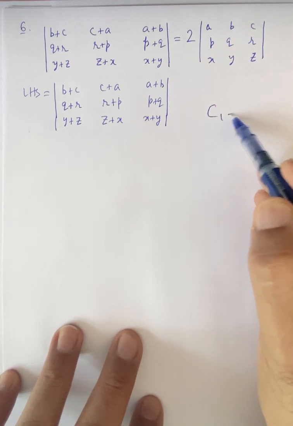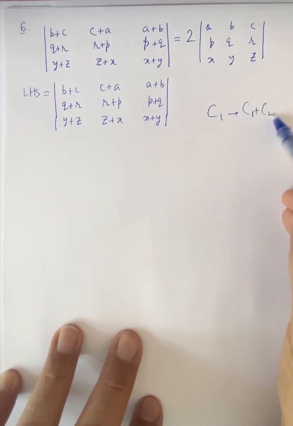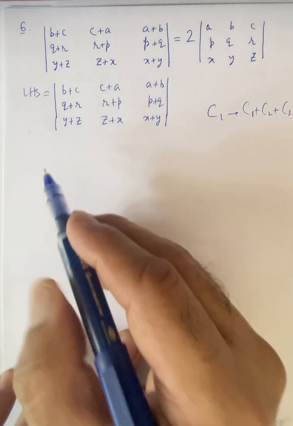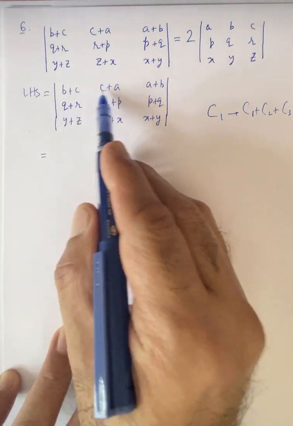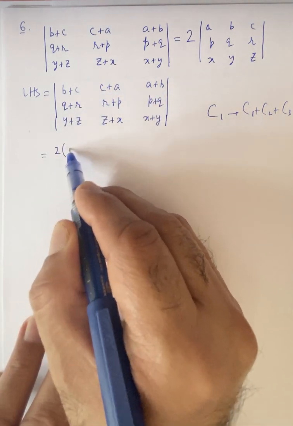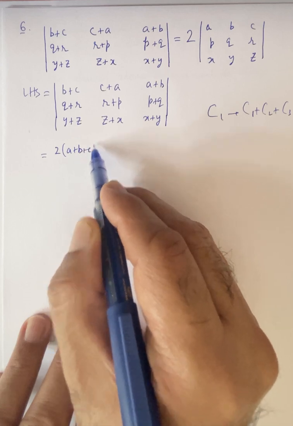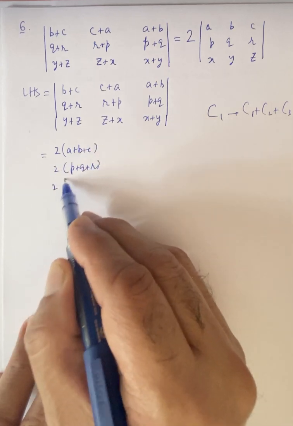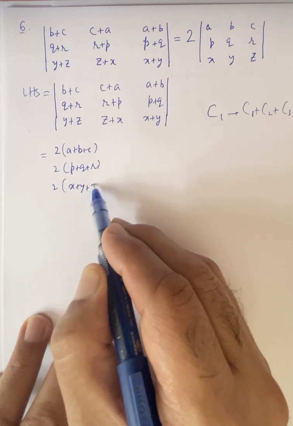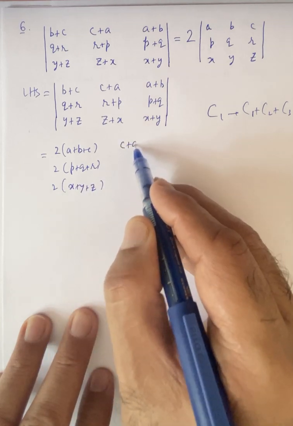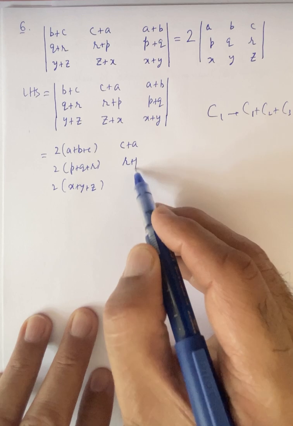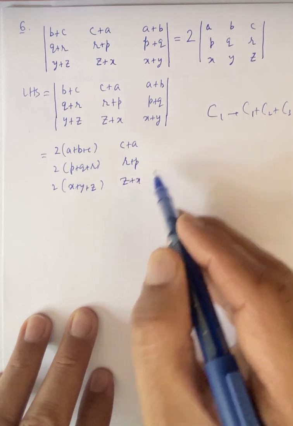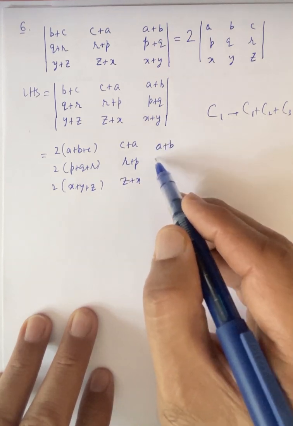So we write C1 changes to C1 plus C2 plus C3. This will be this plus this is 2 times a plus b plus c, 2 times p plus q plus r, and this is 2 times x plus y plus z. No change in elements of the second column and the third one.